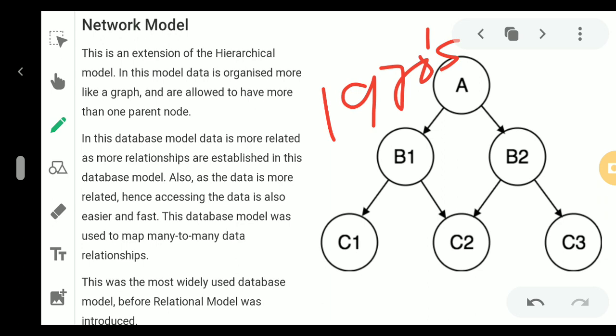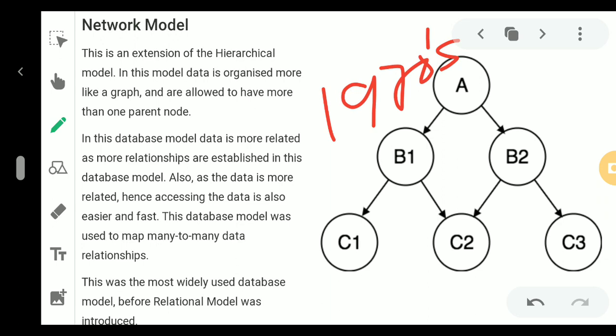However, unlike the hierarchical model, it allows a record to be the child of more than one parent record. The relationship between different records is represented by links, pointed arrows. As you can see, there is an example here.